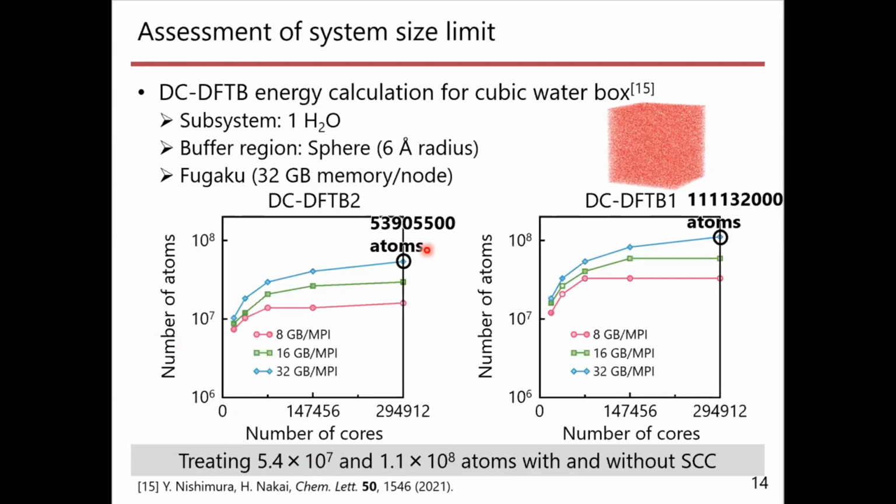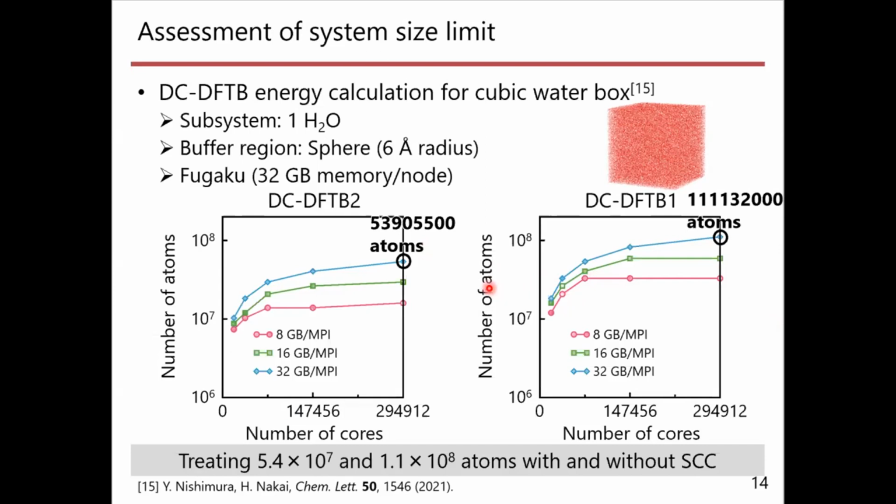The system size limit of the direct SCC-based DCDFTB calculation was investigated on the supercomputer Fugaku. Three parallelization patterns were tested, with a maximum memory size per MPI process of 8, 16, or 32 gigabytes. The developed algorithms enabled single-point energy calculation for cubic water systems containing more than tens of millions of atoms.